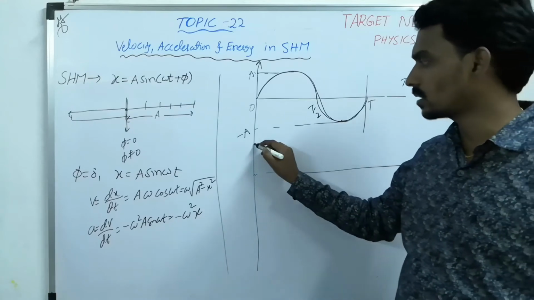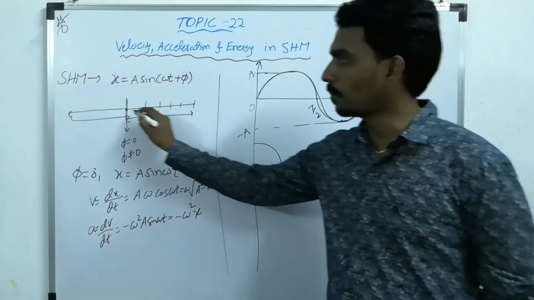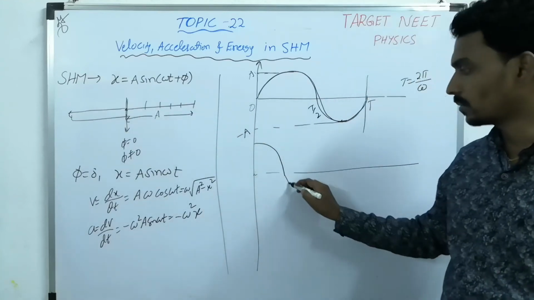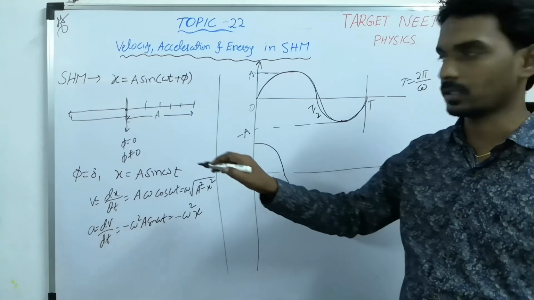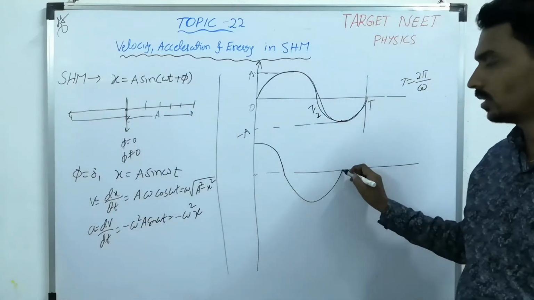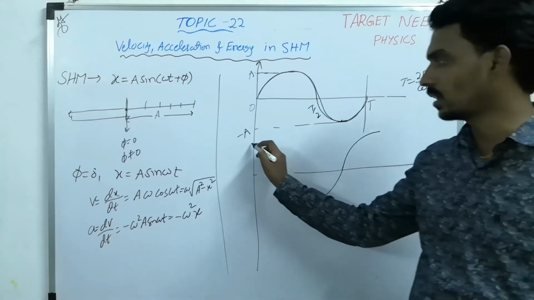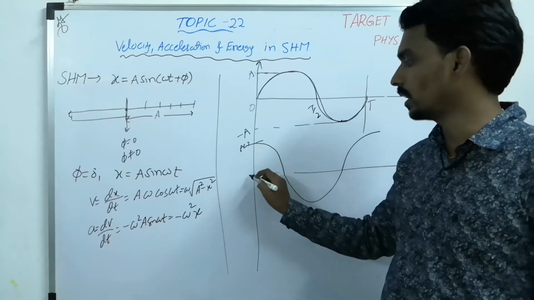So first it starts with maximum, then reaches 0 at one end. Then it comes back, becoming maximum but in the reverse direction. Then again it reaches the extreme end on the other side, becoming 0. Then it comes back. So this is the variation of velocity, and the maximum value is A omega.